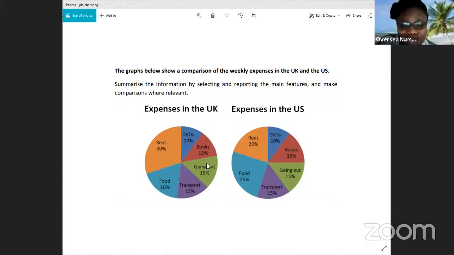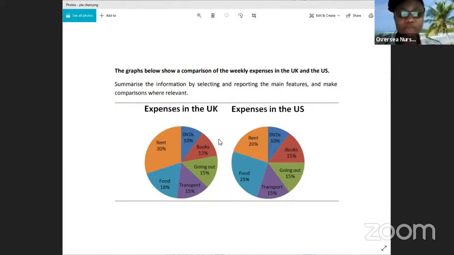Now, if rent is highest for UK and food is highest for US, then what is lowest for them? For UK, the lowest variable here is DVD, and it's the same DVD for US as well, and they have the same percent, which means that DVD happens to be 10% for both UK and US. That is where they spend the least of their income.